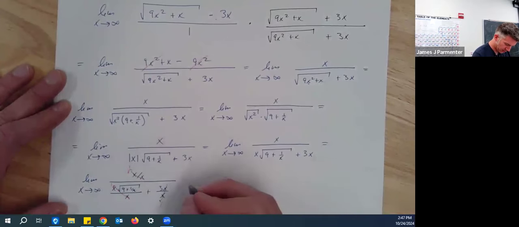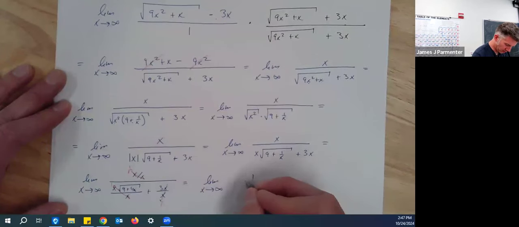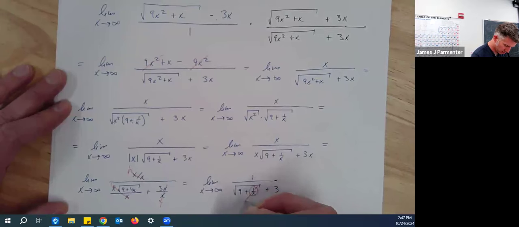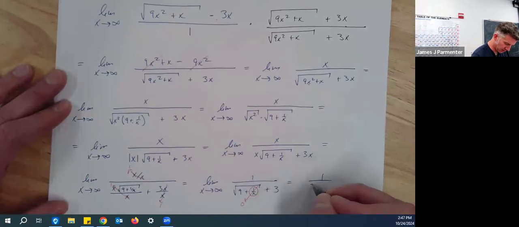So I end up with the limit as x goes to infinity of 1 over the square root of 9 plus 1 over x plus 3. The remaining 1 over x gets very, very small because x is getting really big. So you end up with 1 over 3 plus 3, which is 1 over 6.